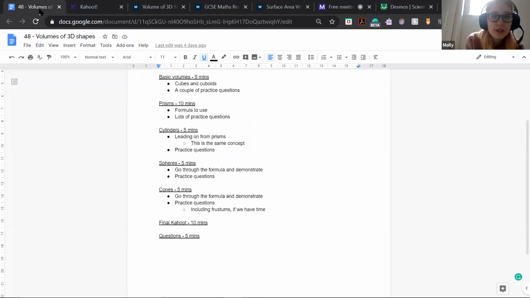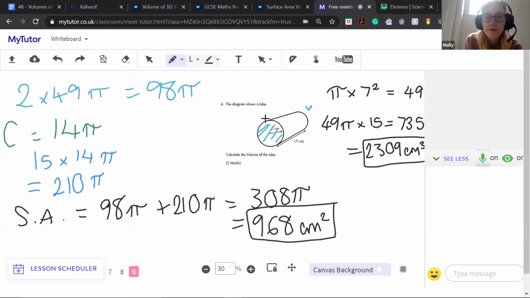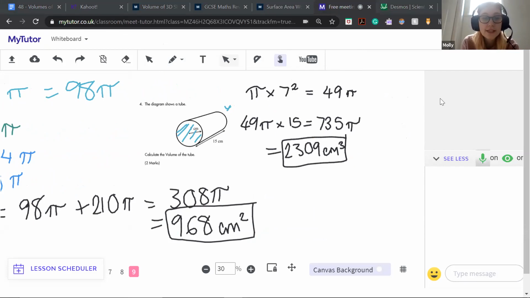So we'll go 968. 968 centimeters squared. So remember to get those units the right way round. So there's our volume in centimeters cubed and our surface area in centimeters squared. So hopefully those ones make sense. And again, people in the chat got that, which is fantastic.